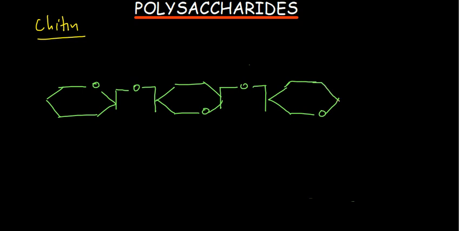Okay, so this is how cellulose was. That's how we drew it. And then we had alternating bonds. This was CH2OH. Even here we are going to have CH2OH.